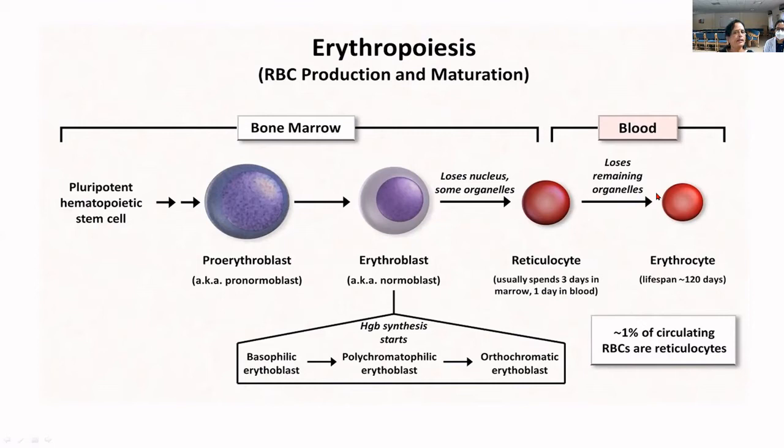And this is slightly larger than the mature erythrocyte. So it's about 8 microns. Then comes the mature erythrocyte. So lifespan also you have seen, you have given 120 days here. Reticulocyte usually spends 3 days in marrow, 1 day in the blood. So reticulocyte percentage also we have said, which constitutes about 0.2 to 2%, or 2.2%.